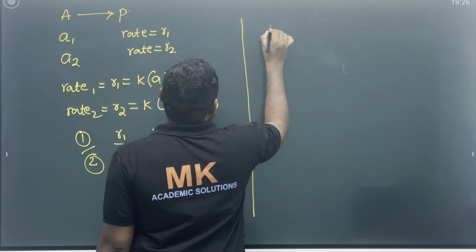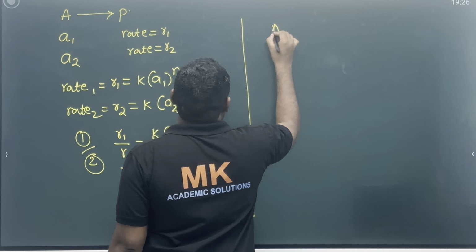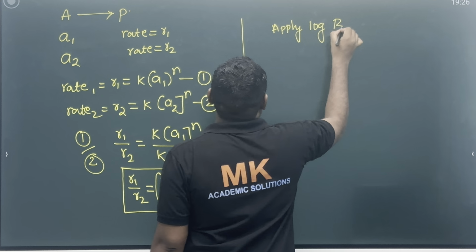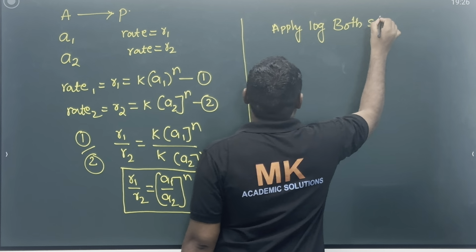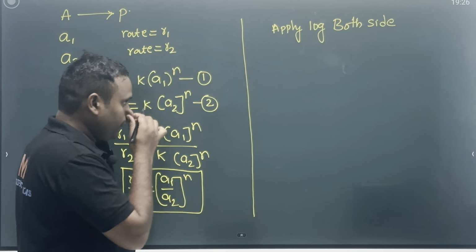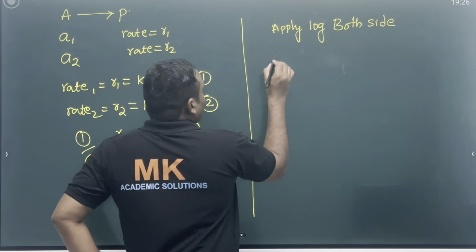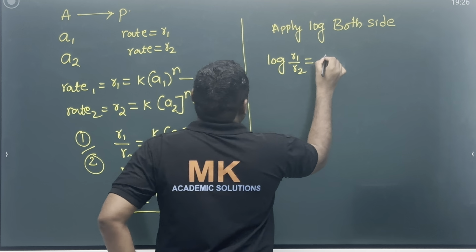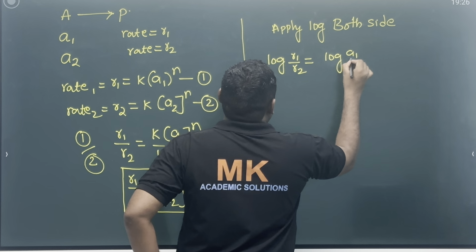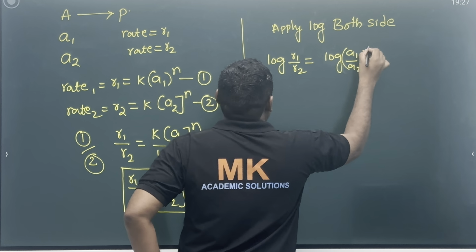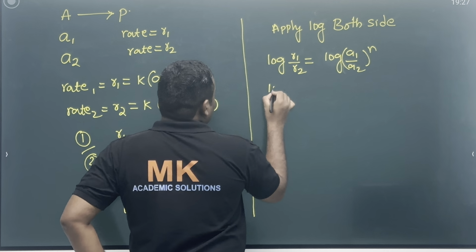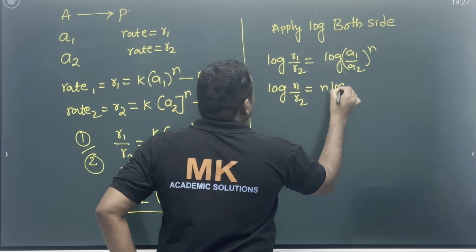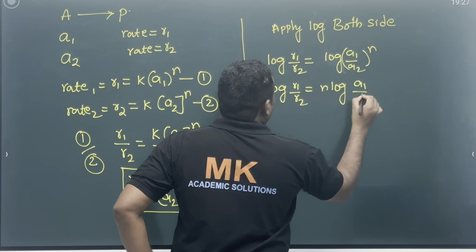What are those modifications? Now apply log on both sides. When you apply the log on both sides, what you will get? Log R1 by R2 is equal to log A1 by A2 whole power n. So this will become log R1 by R2 is equal to n log A1 by A2.